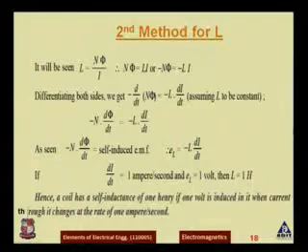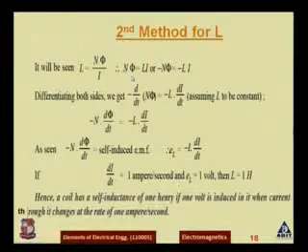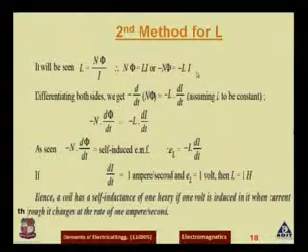In this method we can write L is equal to Nφ/I. Taking Nφ as the main term, Nφ is equal to L into I. If we multiply both sides by a minus sign, minus Nφ is equal to minus Li.